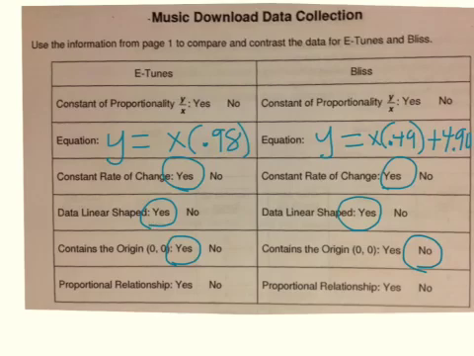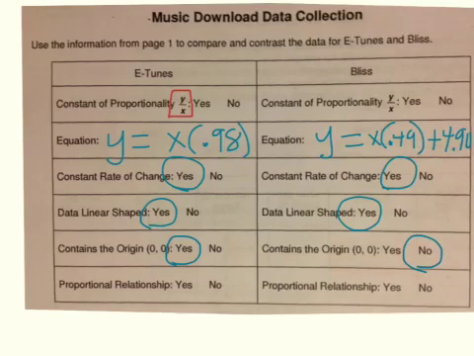Okay, so now we want to look at constant of proportionality. It shows you right after that, if something has constant of proportionality, you should be able to just do y divided by x. And remember from your table, y is the cost per month and x is the number of songs.